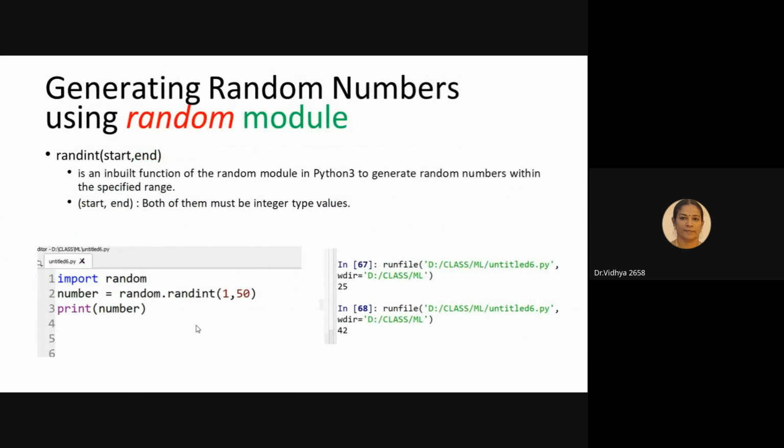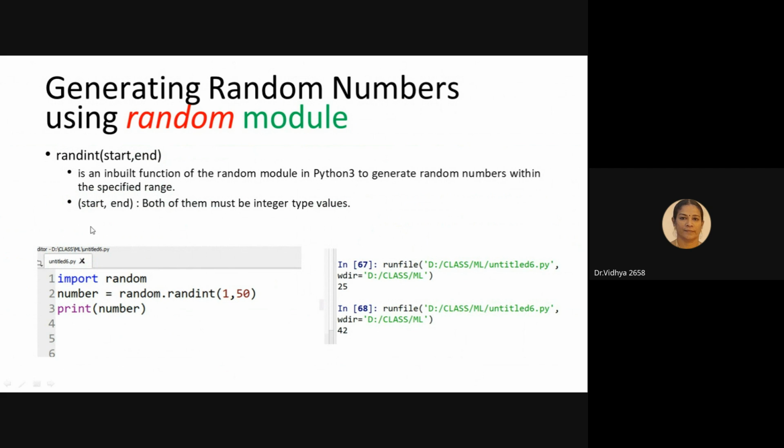Then generating random numbers using the random module. In order to generate random numbers, we have to use a function called randint, that is, random integer. randint of start comma end is an inbuilt function of the random module in Python 3 to generate random numbers within the specified range.